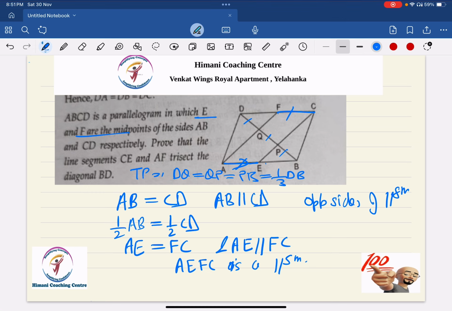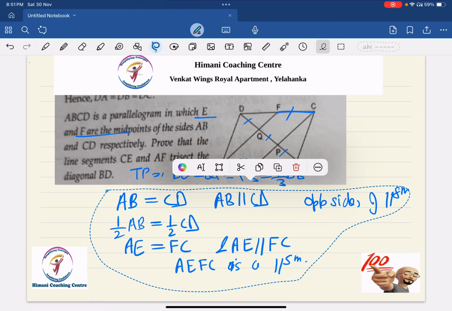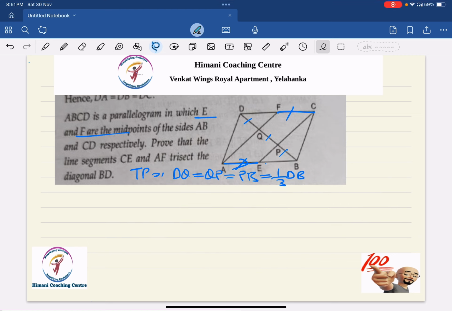Having proved this, let us move to our next step. You can pause the video to note this step, and now let us move forward. Having proved that AECF is a parallelogram, let us look at triangle BAQ.